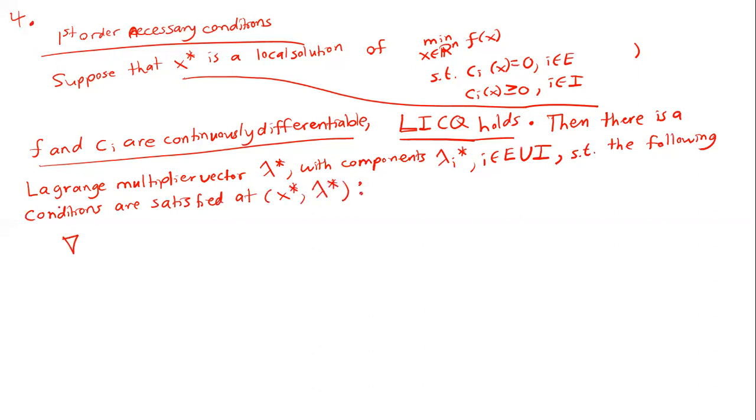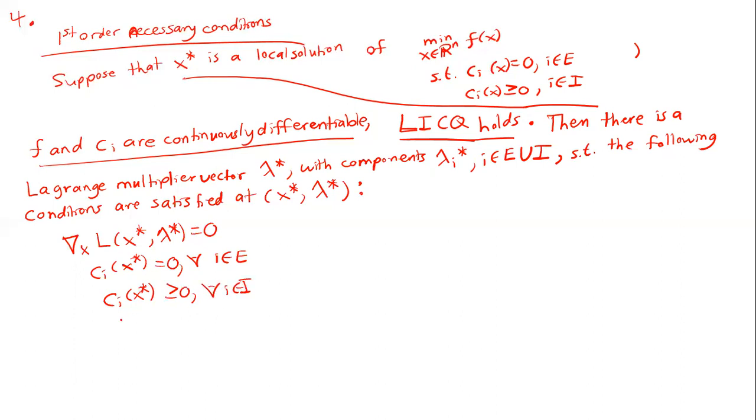This says that the gradient with respect to x of L at x star, lambda star equals 0, c_i of x star equals 0 for all i in E, c_i of x star is greater than or equal to 0 for all i in I, lambda_i star is greater than or equal to 0 for all i in I, and finally lambda_i star times c_i of x star is equal to 0 for all i in E and I.